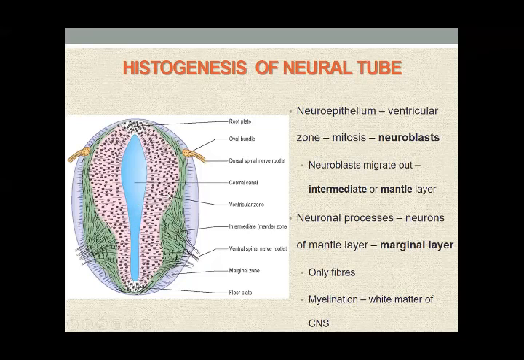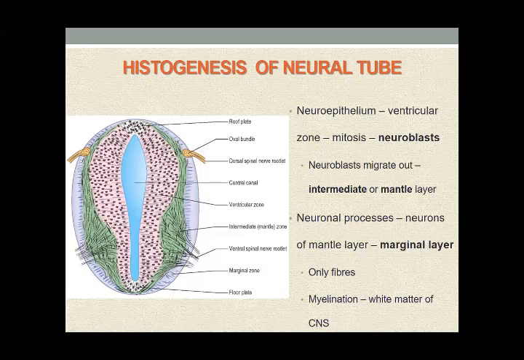This epithelium is made up of three types of cells: stem cells, neuroblasts, and glioblasts. The neuroblasts proliferate rapidly in this epithelium, so this epithelium is now given the name of ventricular zone. The other types of cells, the glioblasts and the remaining cell types, remain there.